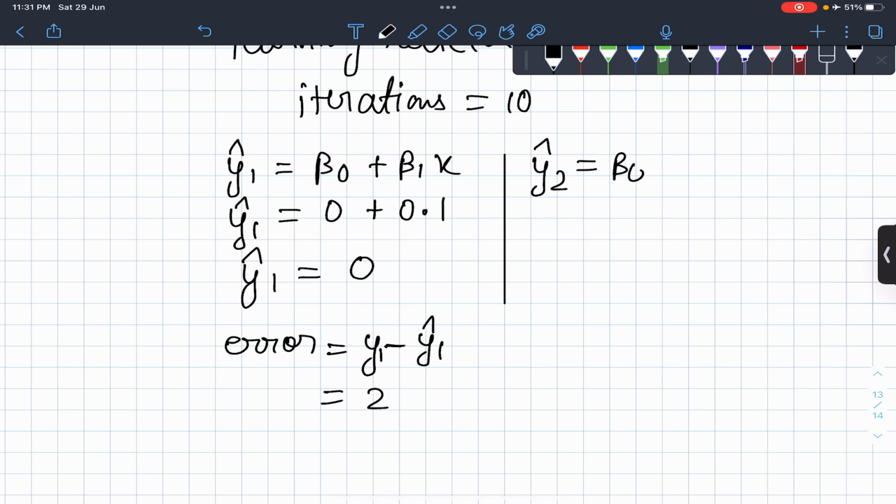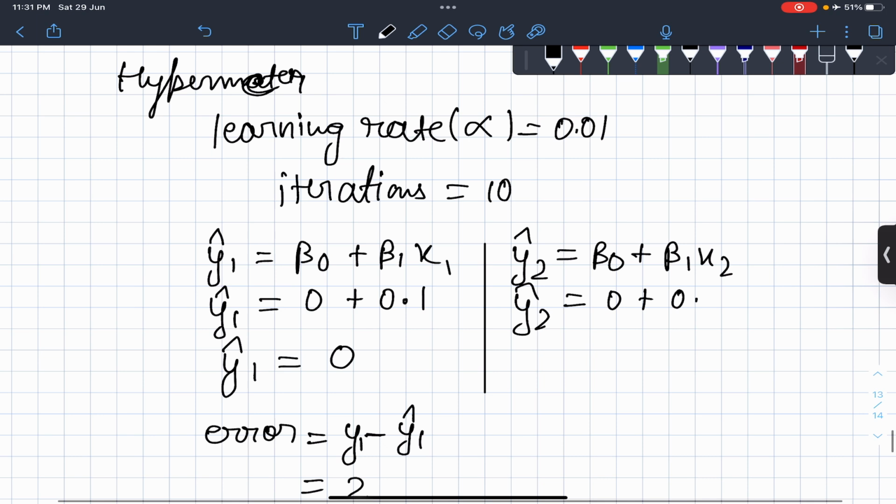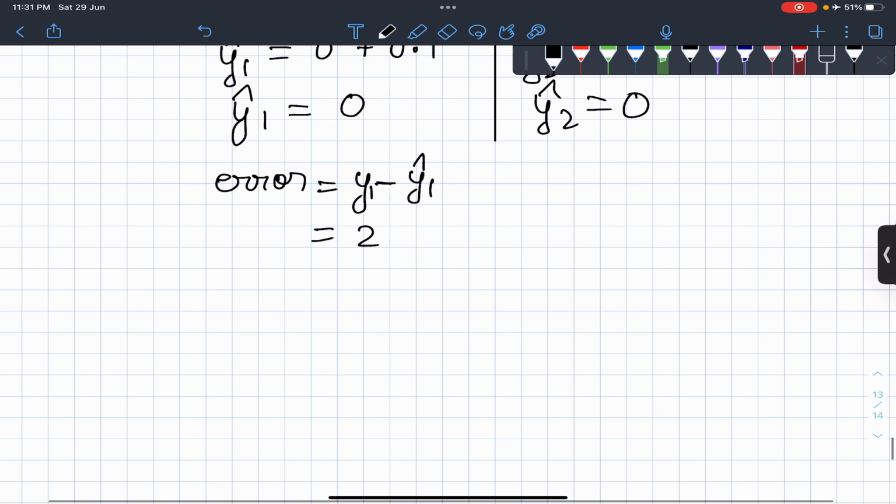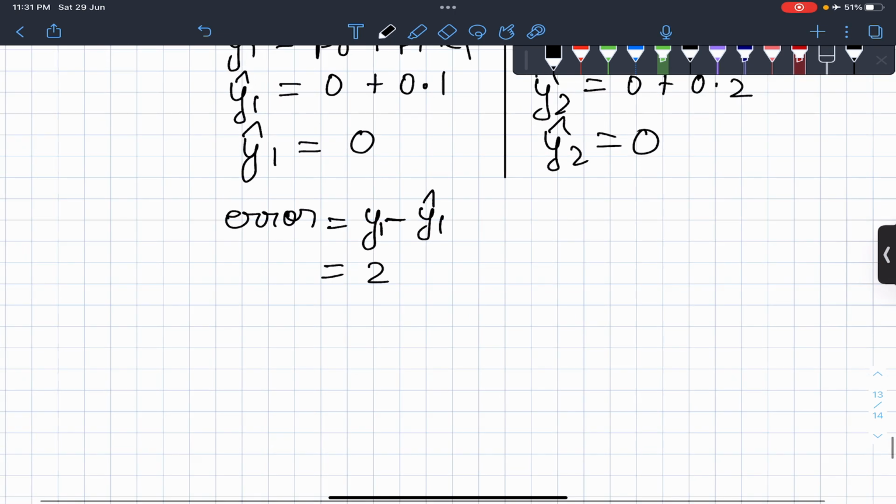Then what is beta 0? Why do I make such mistakes? Again we will go for our x. It was x1, now we will go for x2. What is our x2? It was 0 plus 0 into x2, which is 2. So y hat is 0.